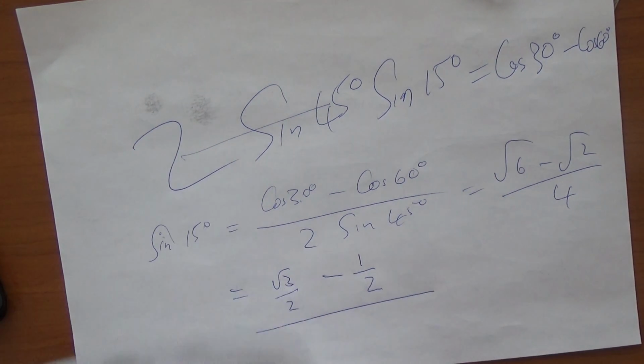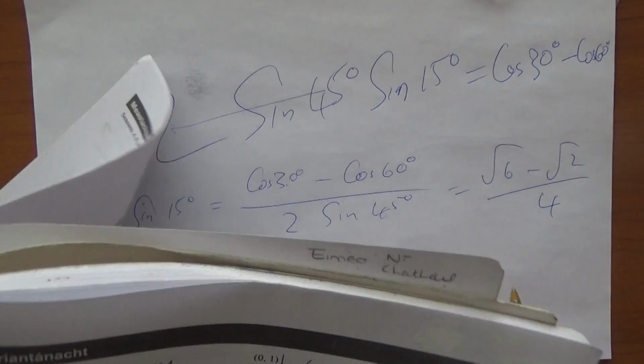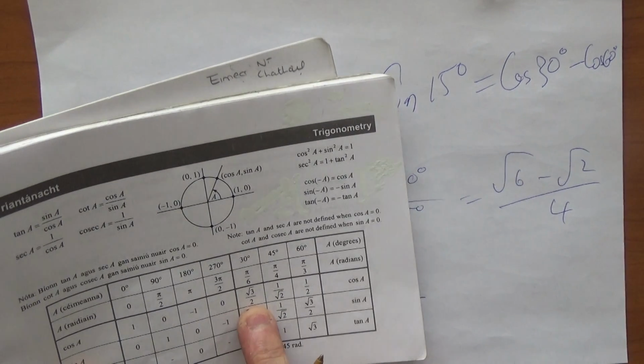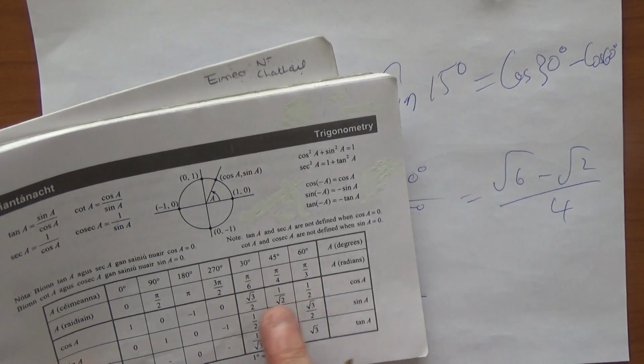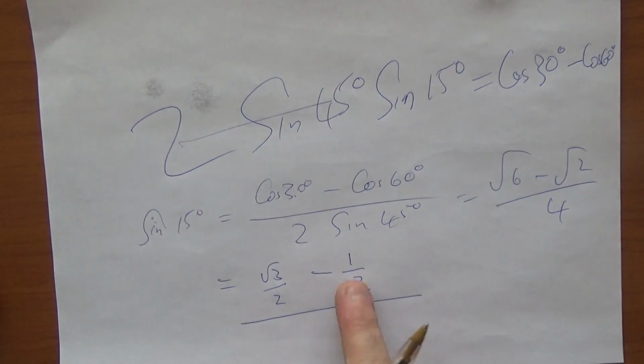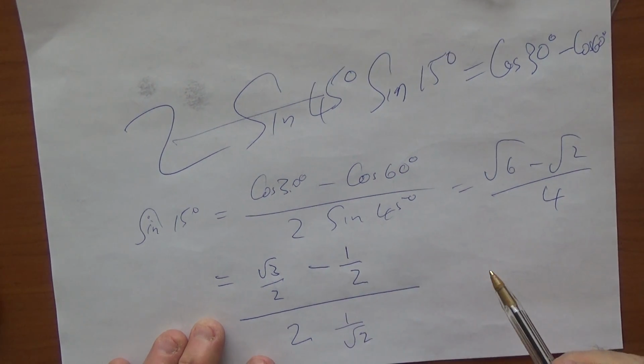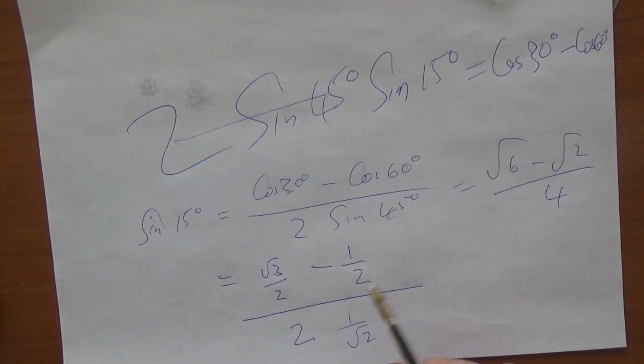If you don't know what you're up to, cos 30 is root 3 over 2, cos 60, and they're near each other. Down you go, and sine of 45 is 1 over root 2. That could be a source of my error. Might have written root 2 there. Let's not look back.